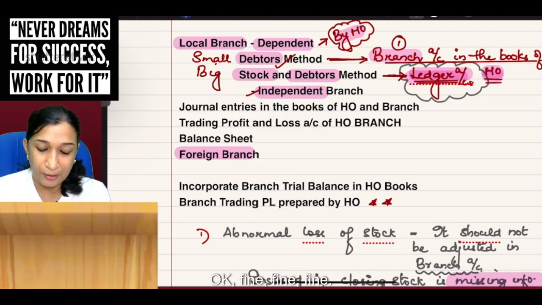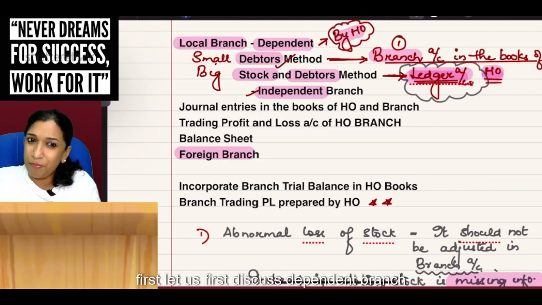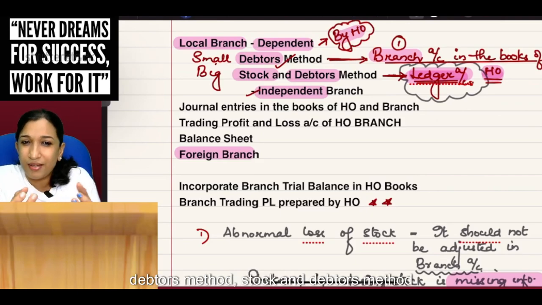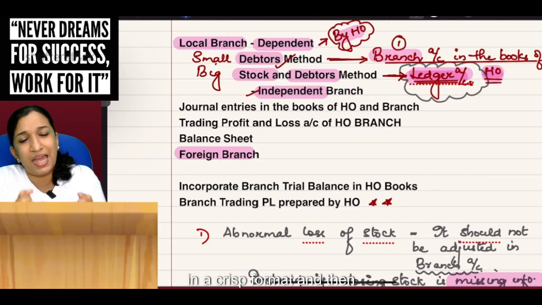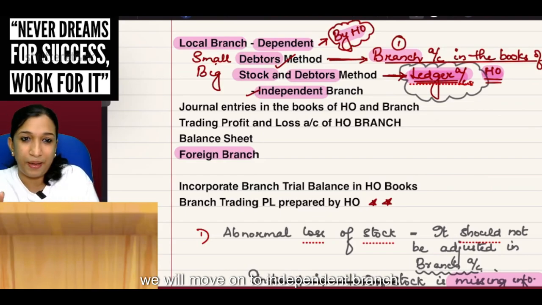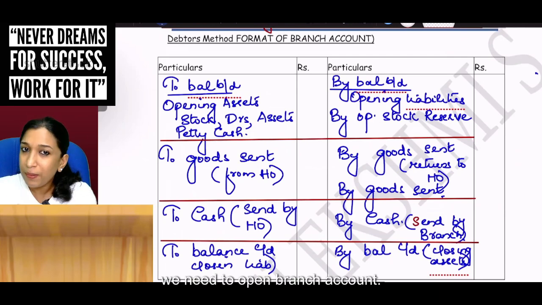Now, let's first discuss the dependent branch, debtors method and stock and debtors method, in a crisp format, and then we'll move on to the independent branch. So, under the debtors method, we need to open a branch account.